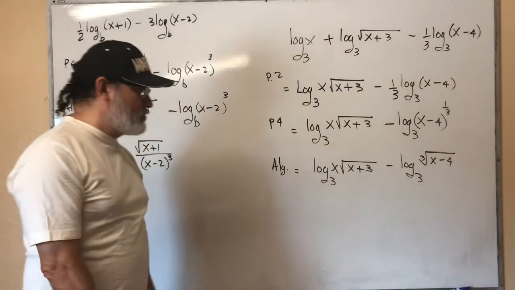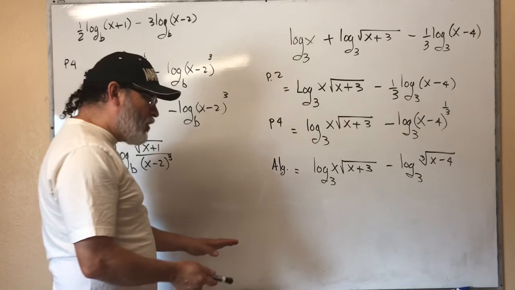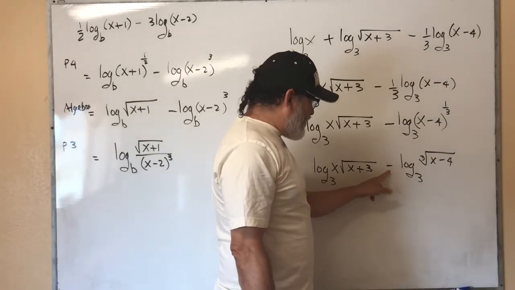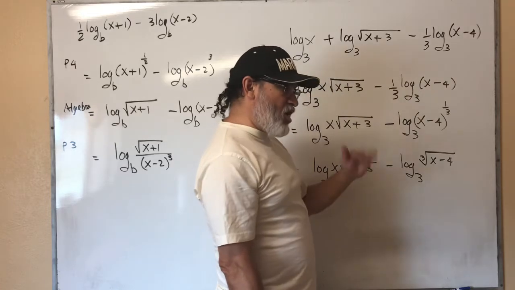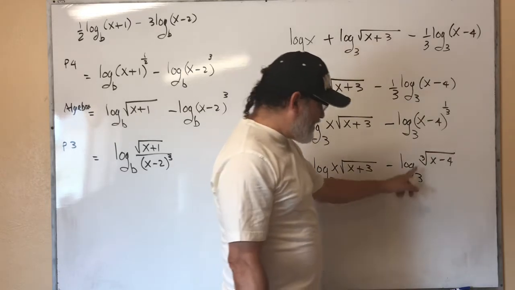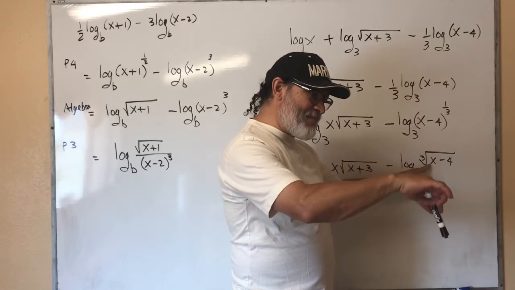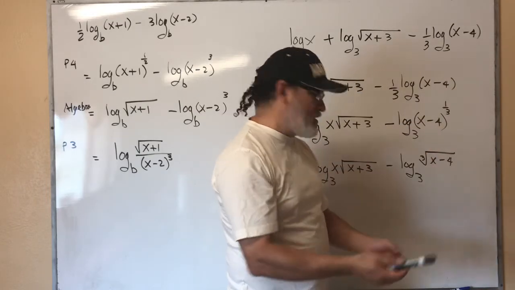See? And now, the difference of two logs is the log of the quotient, and this is being subtracted, so this is going to go in the denominator of the argument.